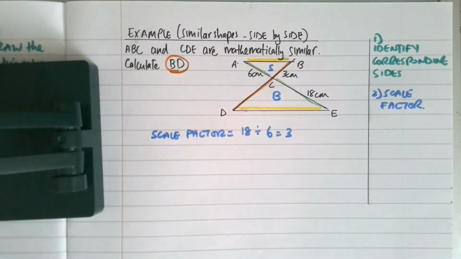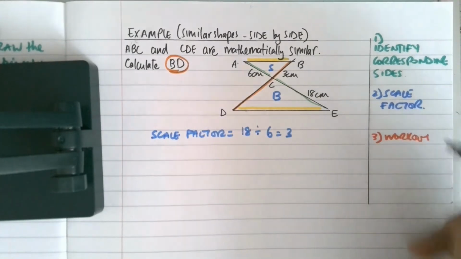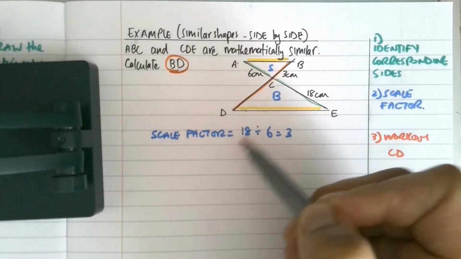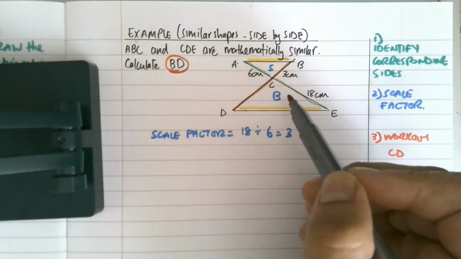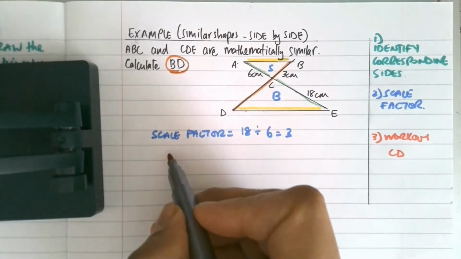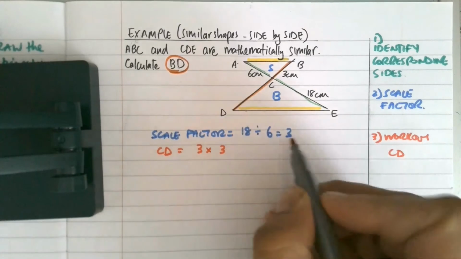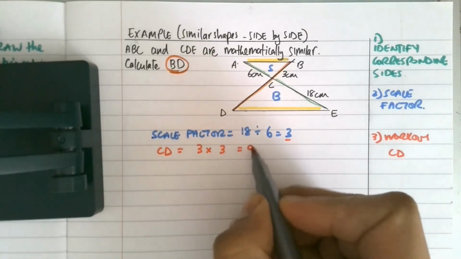We know the scale factor is 3, so now we're going to work out the length CD. We know we need to work out the length of B to D, but we have to work out the length of C to D before we do that. So C to D is going to be 3 times by 3, because those are the corresponding sides.